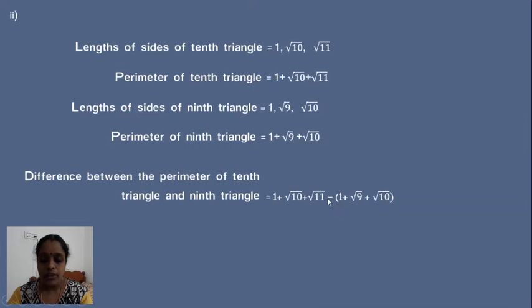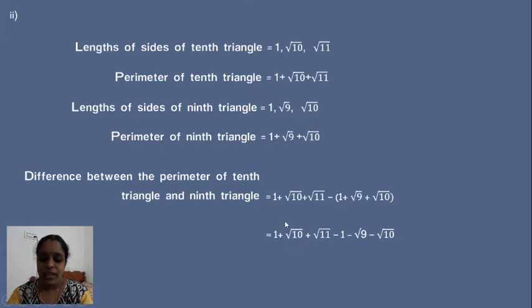So here after minus sign we put the bracket. So after simplification you can say this is equal to 1 plus root 10 plus root 11, minus into plus 1, that's equal to minus 1, minus plus root 9, that's equal to minus root 9, again minus plus root 10, that's equal to minus root 10.